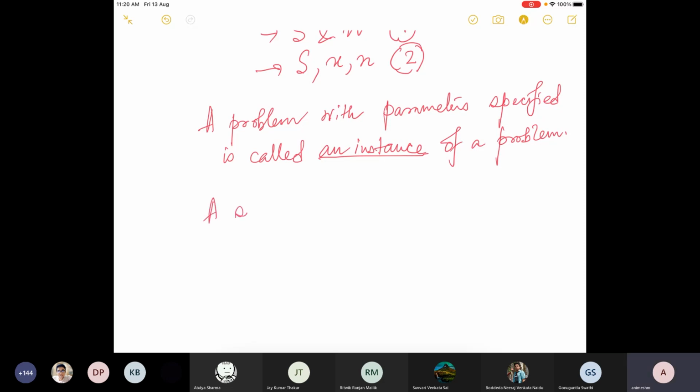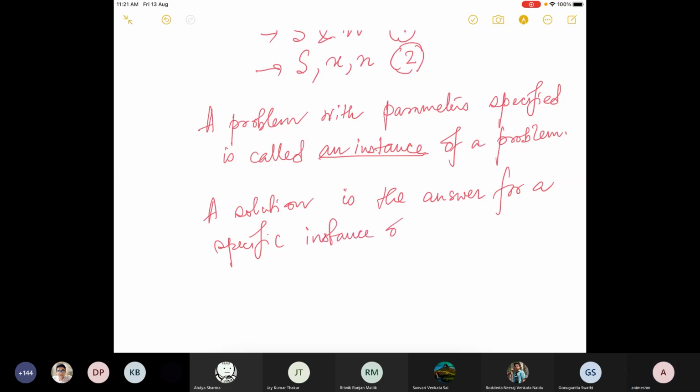A solution is the answer for a specific instance of a problem.